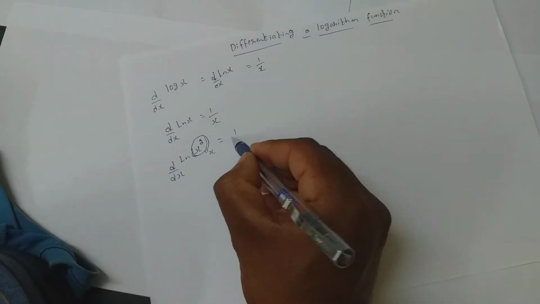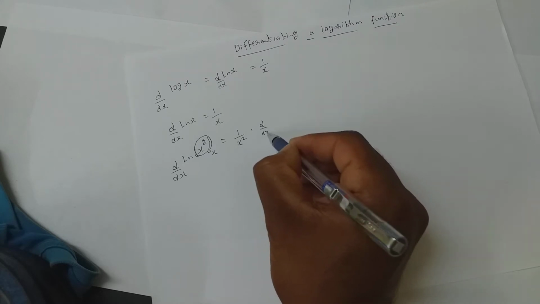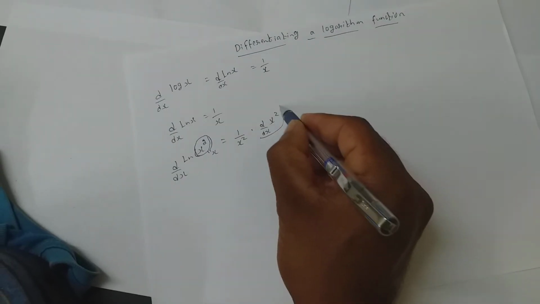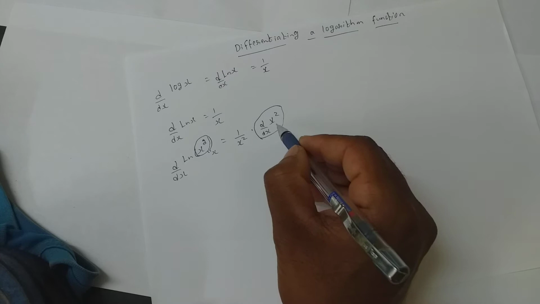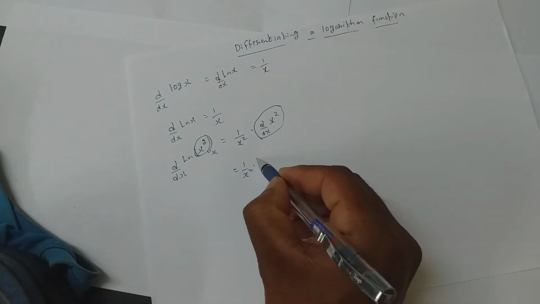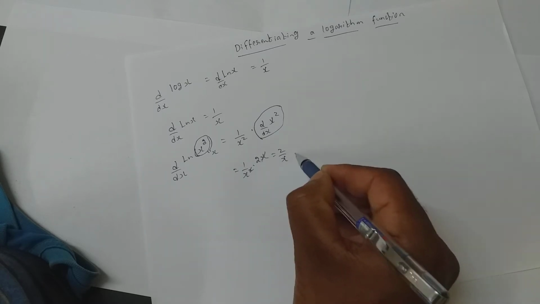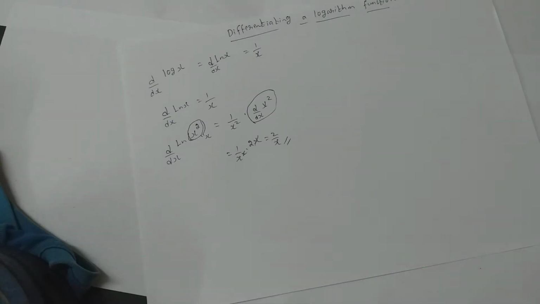So ln x is 1 by x, so 1 by x square into d by dx of x square. This is important, many students miss this. So it is 1 by x square into, for x square it is 2x. So it is 2 by x, the answer. Am I clear? Let us look at more examples.